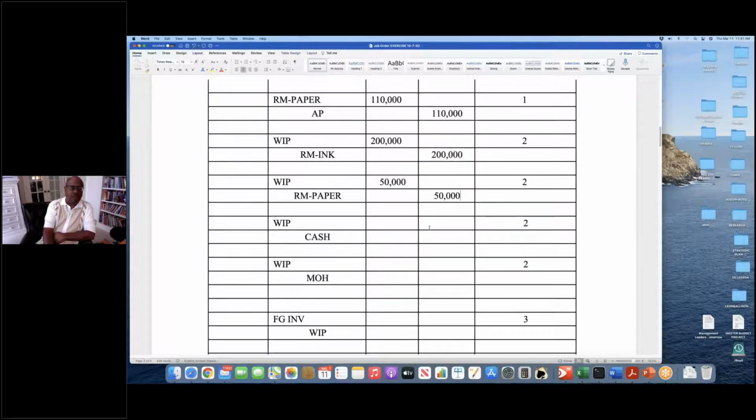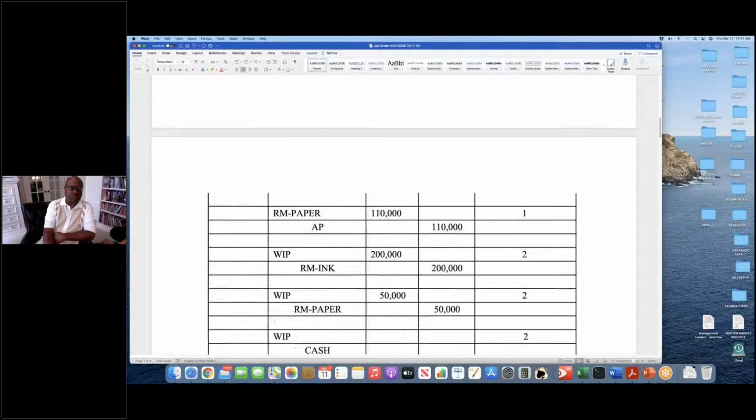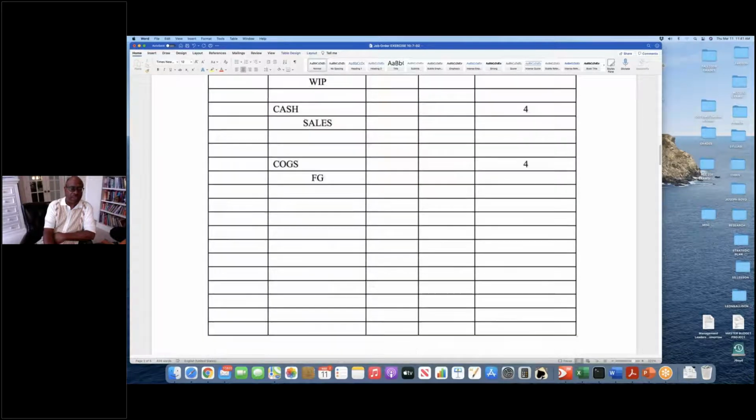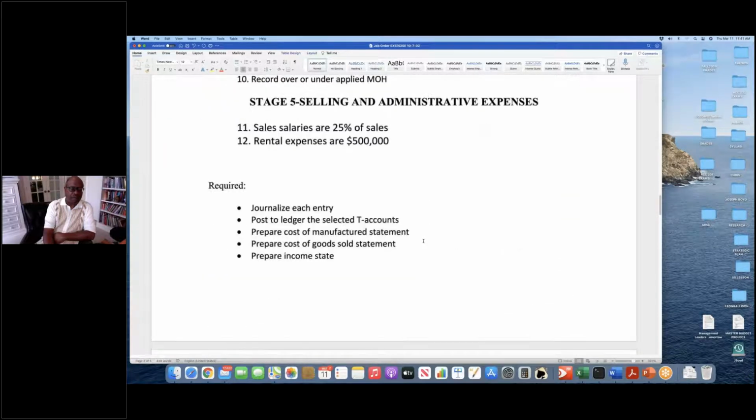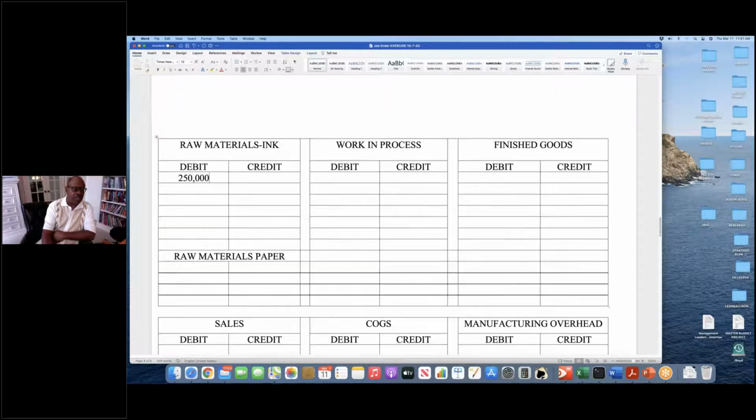Okay, so let's go ahead and post these. So the ink was 250,000, correct? Yes. And the paper was 110.